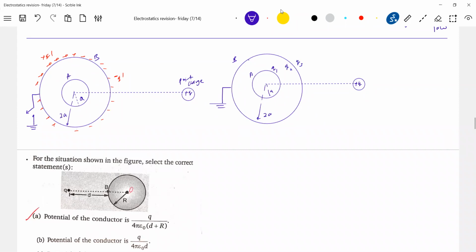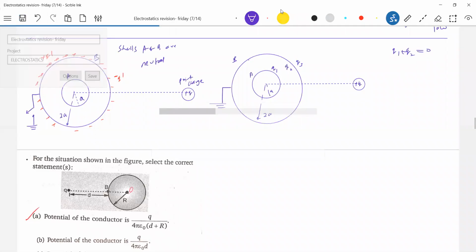Again, the idea is the same. For shell A, Q1 plus Q2 should be 0. Fine. And shell A was not given any charge, no? It was neutral. Shells A and B are neutral.